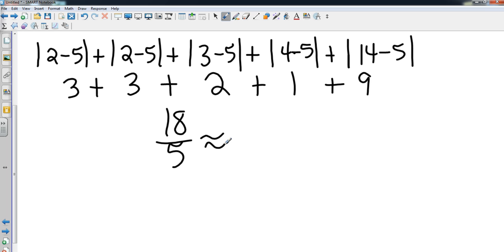I shouldn't put approximately, let's just take care of that. Okay, so this is example number 2 on the bottom of page 757. That is how we find the mean absolute deviation.